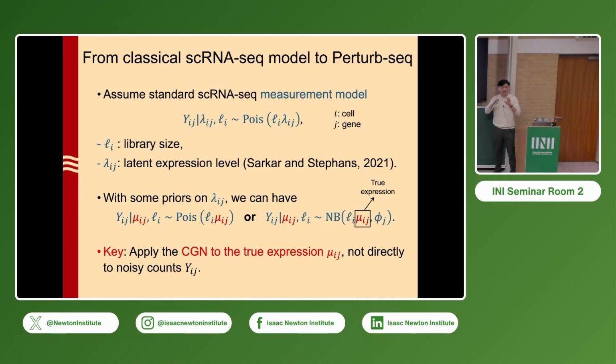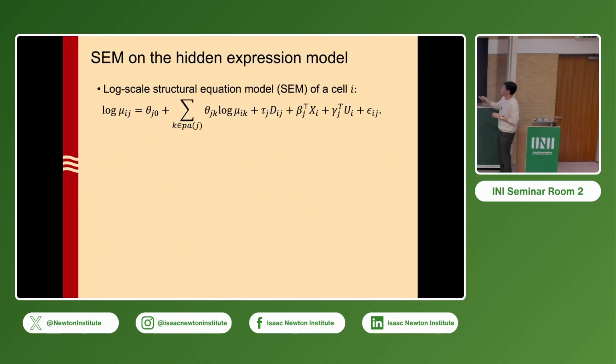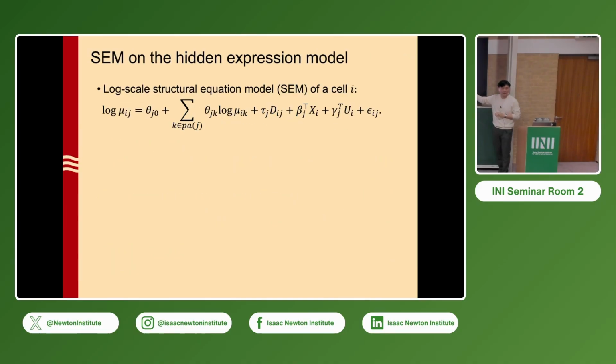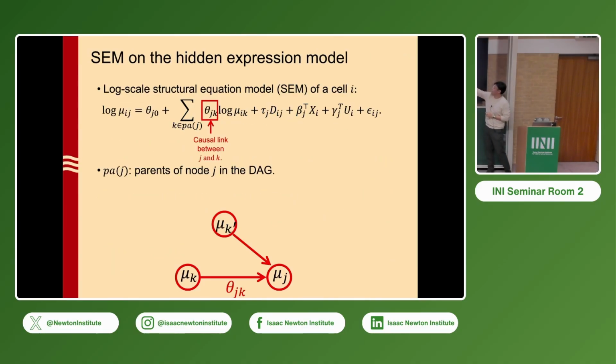So it's similar to causal representation learning in some sense. For this log mu, which is the true expression level, we have a structural equation model. And this theta jk tells you something about the causal effect of gene k on gene j. So that's the key parameter that we want to learn. And here is the dj, which is the binary indicator.